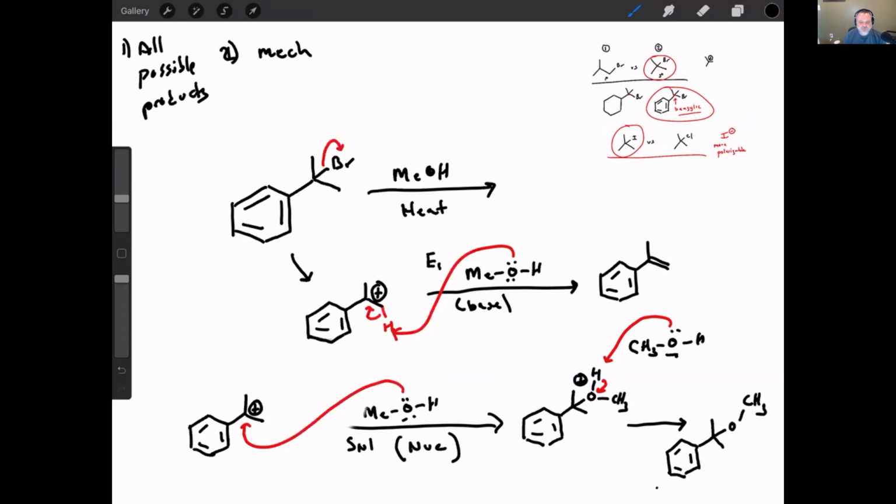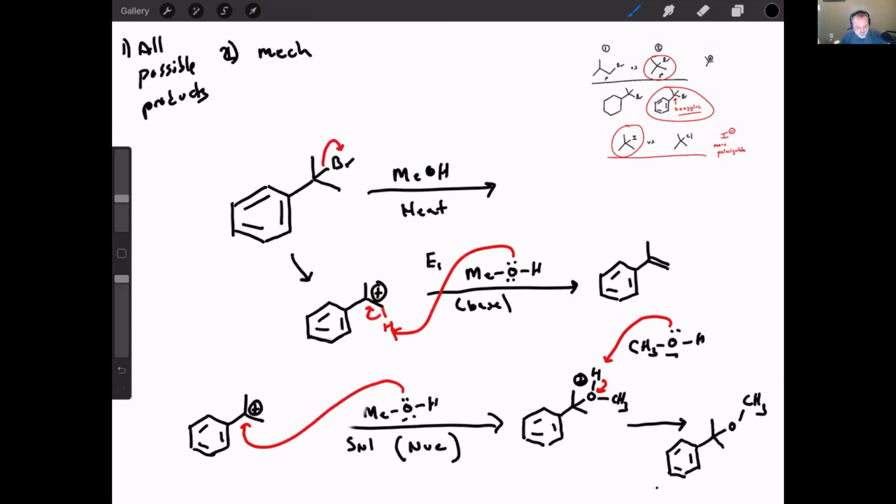And of course, if I use a reagent that does not function as a base as well as a nucleophile, then the elimination reaction is not possible. There are some reagents that only function as nucleophiles, and we'll talk about those a little bit more, because one of the things you'll have to do is identify those particular types of reagents.